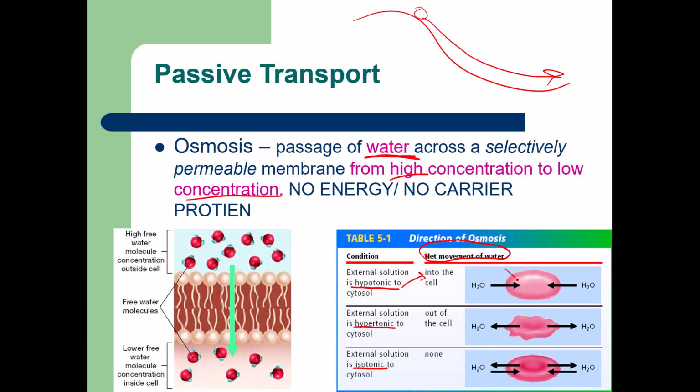That means the cell's going to get fatter or swell. Okay. Hypertonic, on the other hand, we have a net movement out of it, so it's going to shrink or get skinny. All right. And then isotonic, we have no net movement. It's overall the exact same, so it stays the same. All right, good.